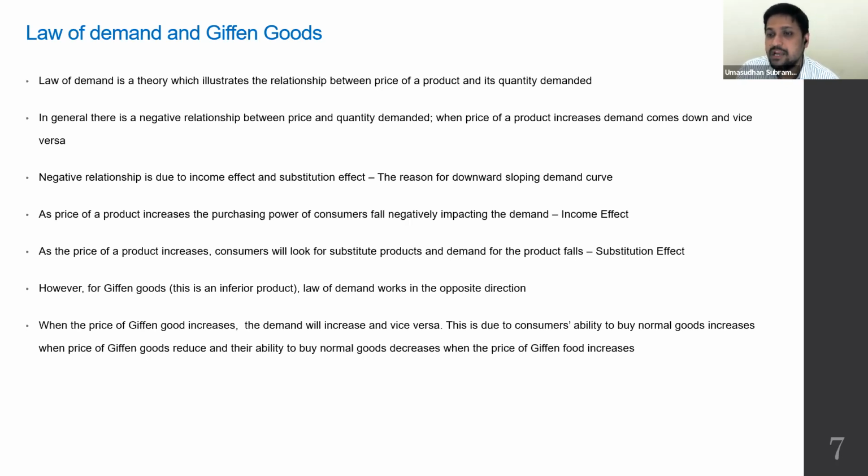There is a positive relationship between price and quantity demanded for inferior goods, simply because when the price of Giffen goods decreases, the purchasing power of consumers increases, creating less demand for such goods.